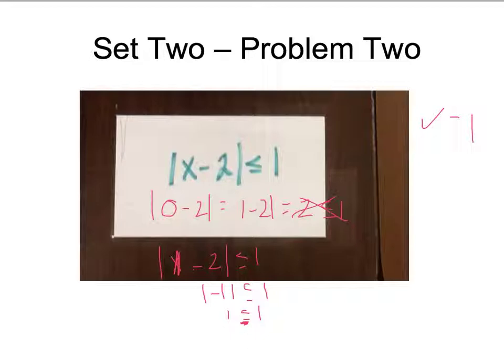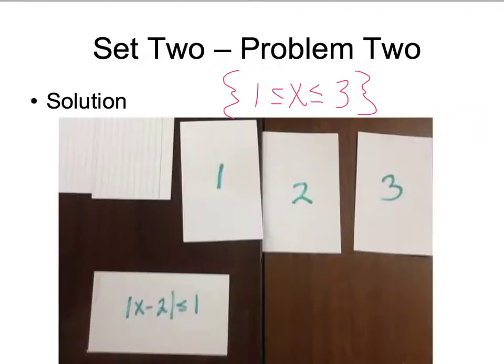Okay, and you just have to test out all those values. Just plug them in for x. Once you plug the values in, you find that the values that make this inequality true are 1, 2, and 3. So x is a number in between 3 and 1. So 1 is less than or equal to x is less than or equal to 3.